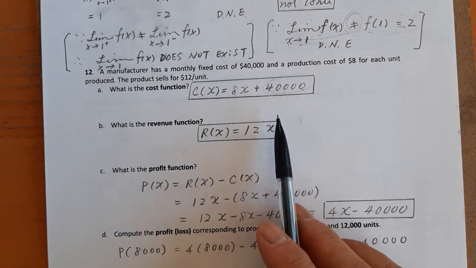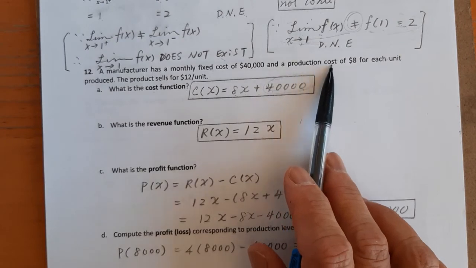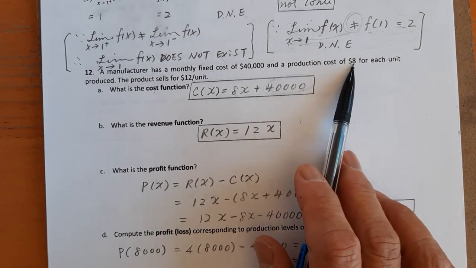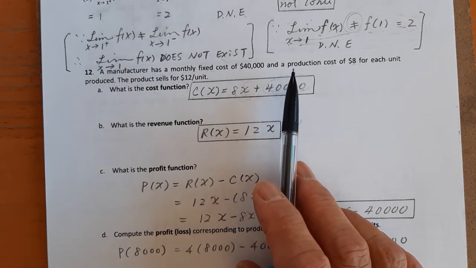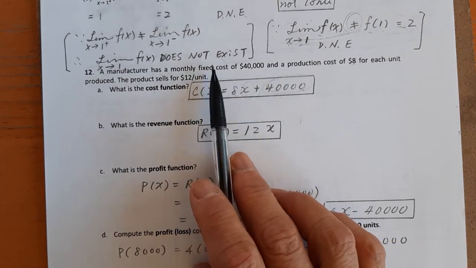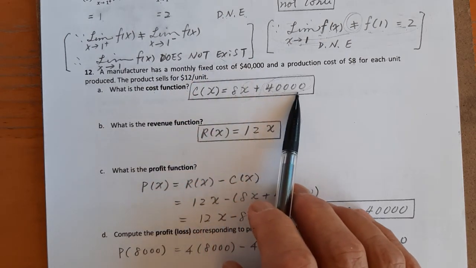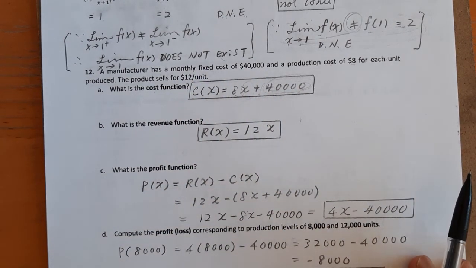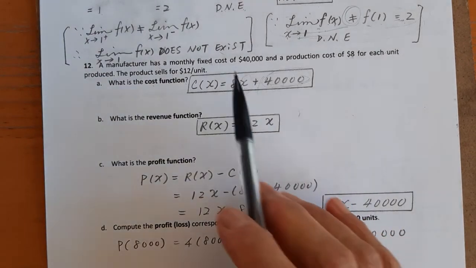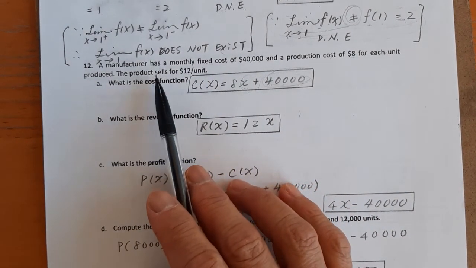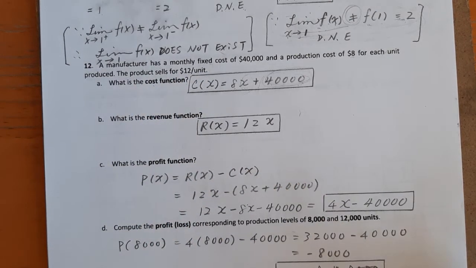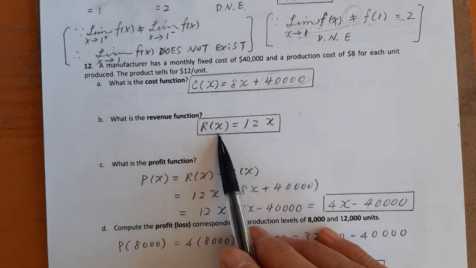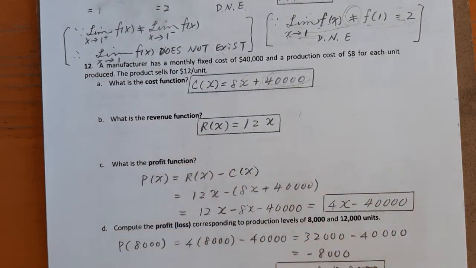That's the total cost function. The production cost is $8 times x units per month, plus the fixed cost of $40,000. Revenue: if you sell the product for $12 per unit, and total sell x units, then revenue, the income, is 12 times x.